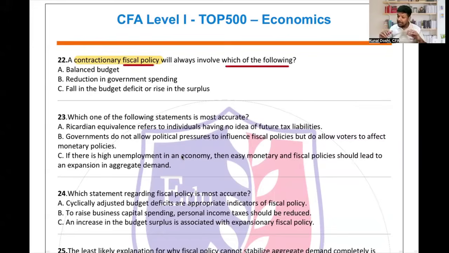Balanced budget, reduction in government spending, yes or no, everyone? When government spending goes down, is it contractionary or expansionary? Reduction in government spending. Contractionary fiscal policy will always involve reduction in government spending. Fall in the budget deficit or rise in the surplus?